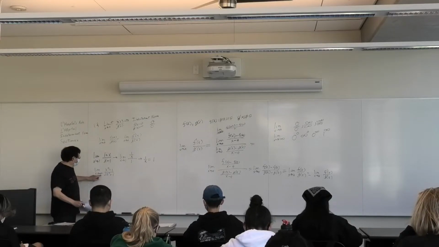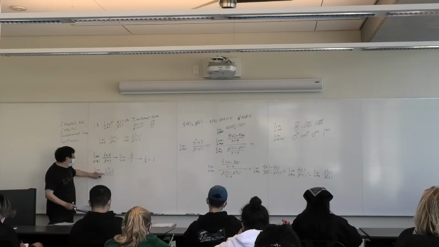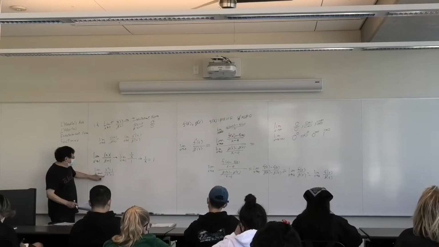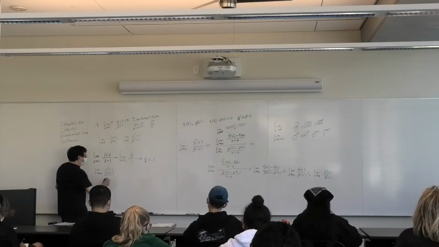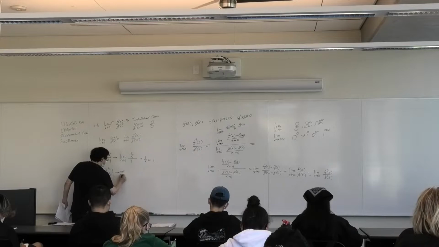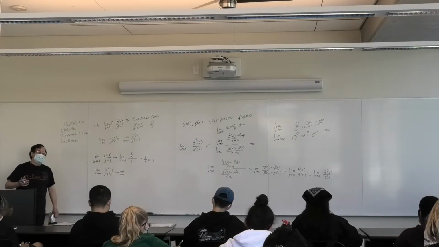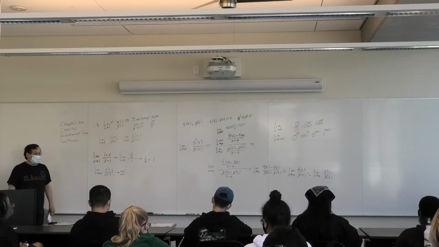As x goes to infinity, x squared certainly goes to infinity. 2x squared plus 1 certainly goes to infinity. So this is infinity over infinity, an indeterminate form, so we may use L'Hopital's rule.